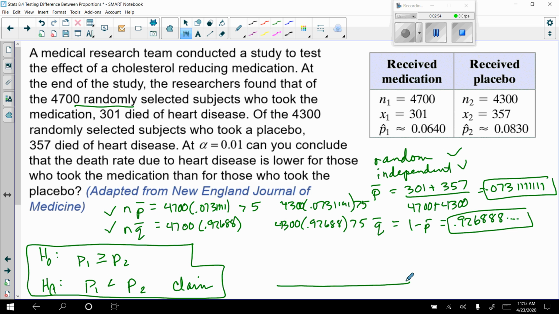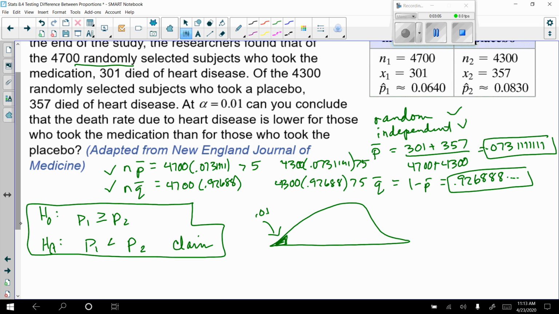That means it is a left-tailed test. That's 0.01. And the z-score for 0.01 is negative 2.326. That's what I want to test my claim against.